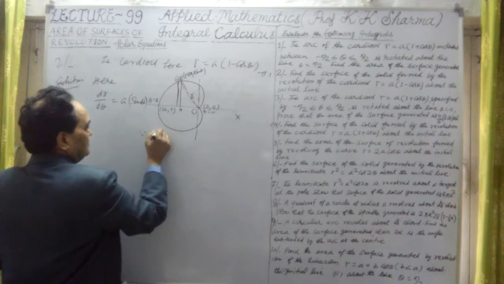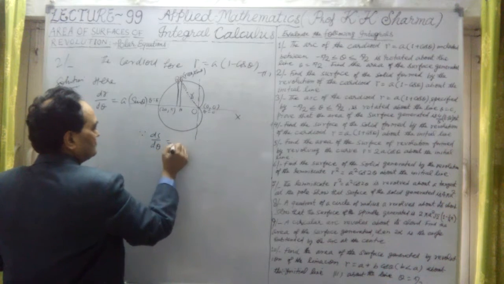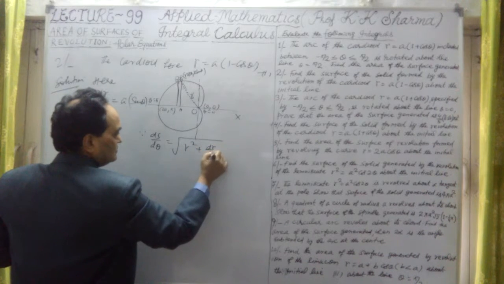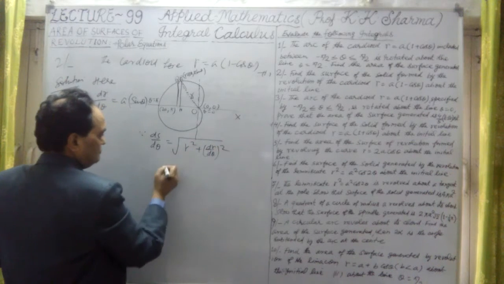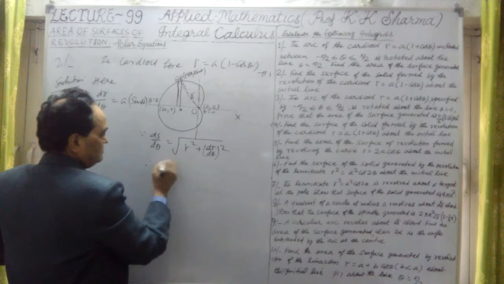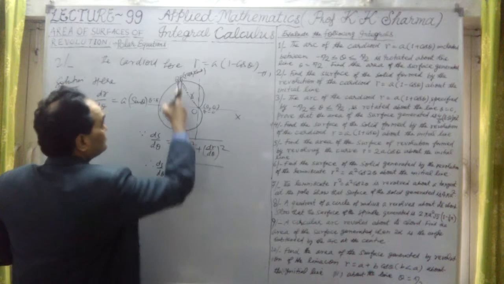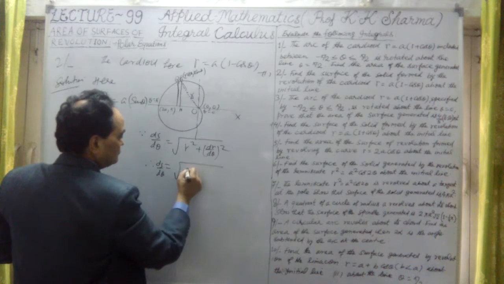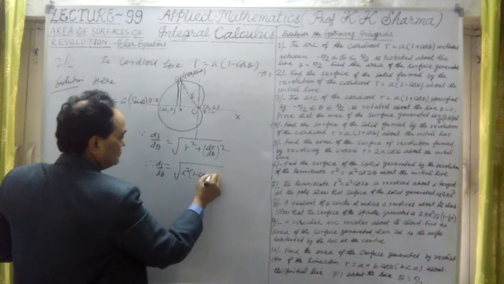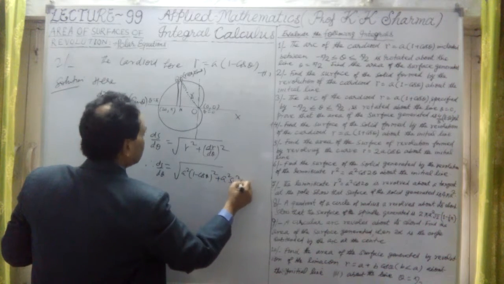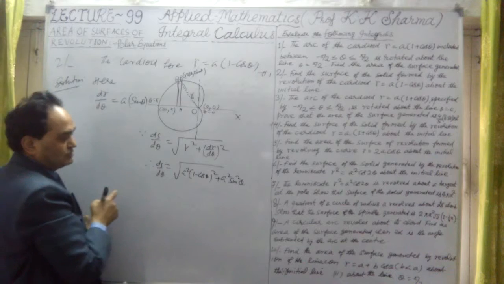Since ds upon d theta is equal to square root of r square plus dr upon d theta whole square, therefore ds upon d theta is equal to square root of r square, which is a square into 1 minus cos theta whole square, plus a square sin square theta, this dr upon d theta whole square.